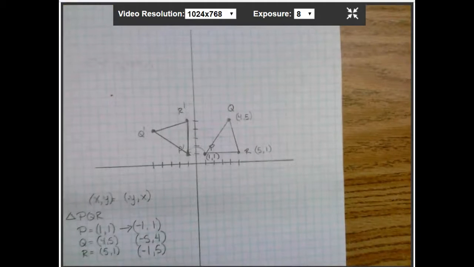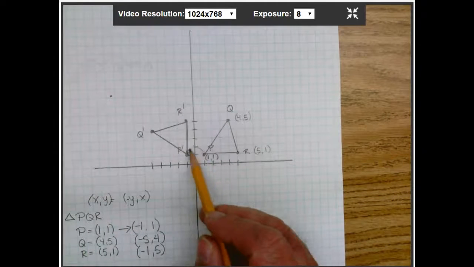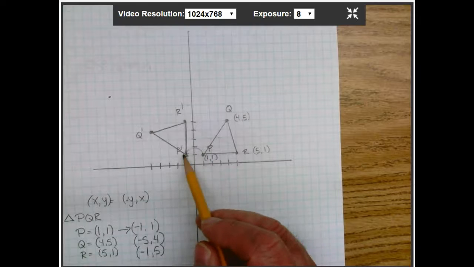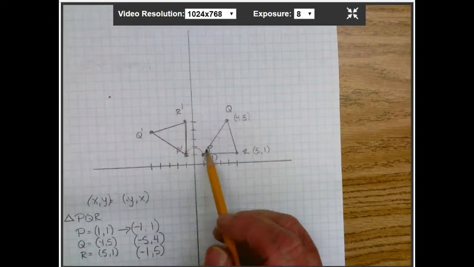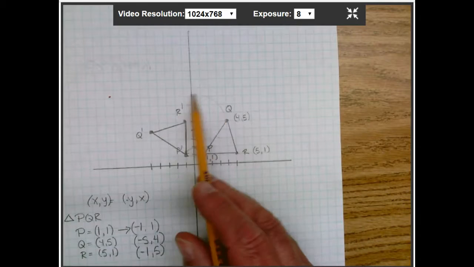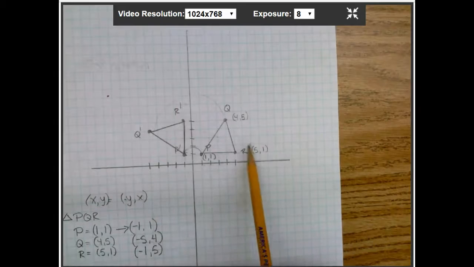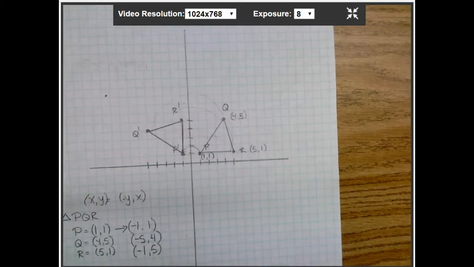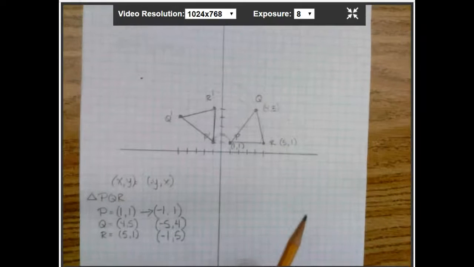Okay, there's our 90. So P is still rotating, like here's that 90. If we measured this, we should see a 90 degree movement. And then if we measured Q, same thing, 90 degrees. And then if we did R, 90 degrees. And of course the amount you move is going to get greater because it's further away from the origin. But if you measured it, it should still be 90 degrees. So that's an example of that.